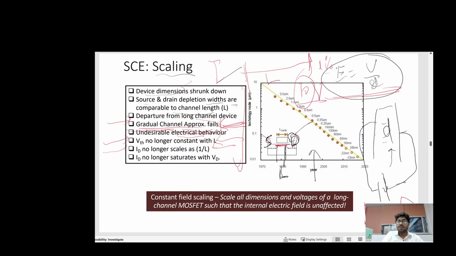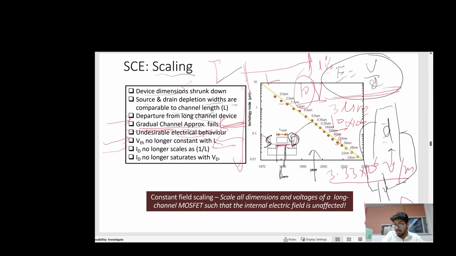For 3 micrometer, let us say the channel length was 3 micrometer, your electric field was 10 by 3 into 10 raised to power 6, so it will be 3.33 into 10 raised to power 6 volt per meter.